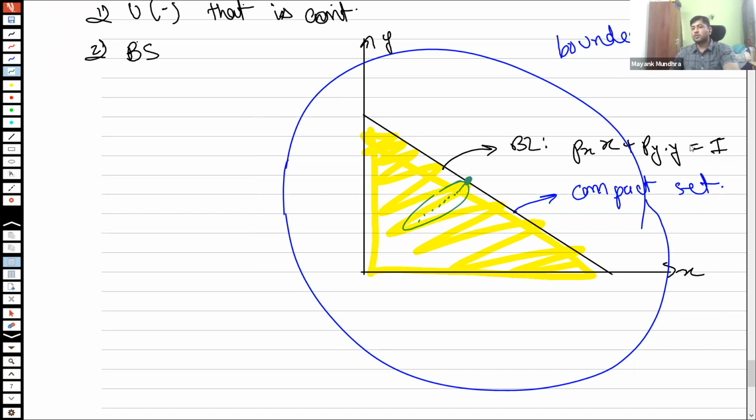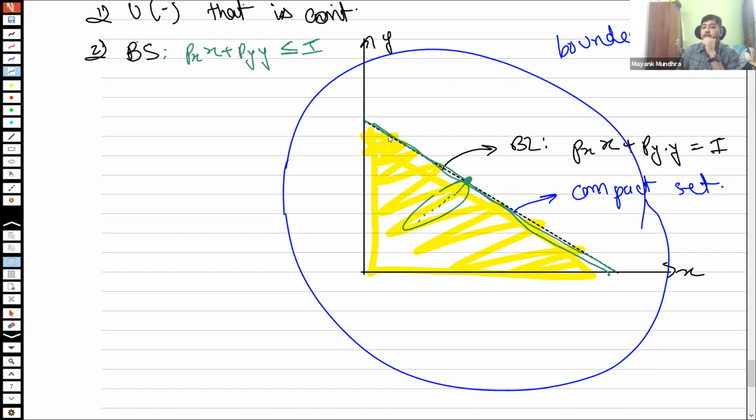Okay, so if you define the budget set as Px x plus Py y less than I, without the equality, then this set is no longer closed. Because of this equality, that people can consume their entire income, this set is closed.